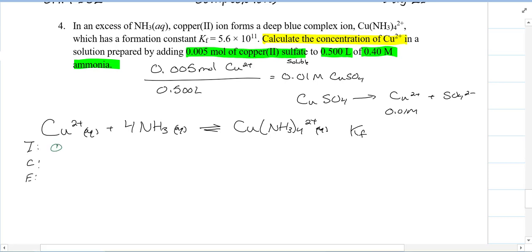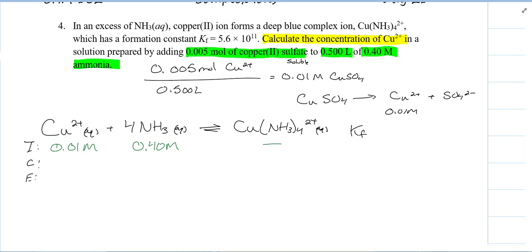Initially, I have 0.01 molar. Actually, I have just one fix, 0.01 molar copper 2. And we have 0.40 molar ammonia and nothing.